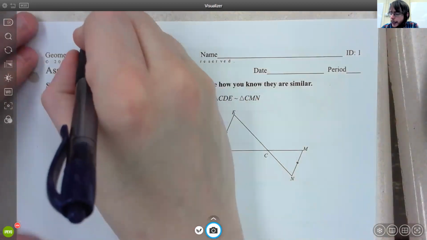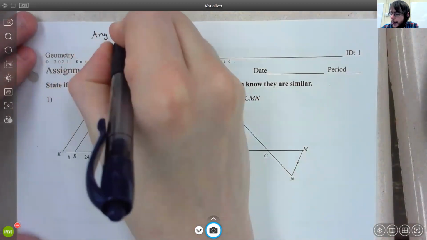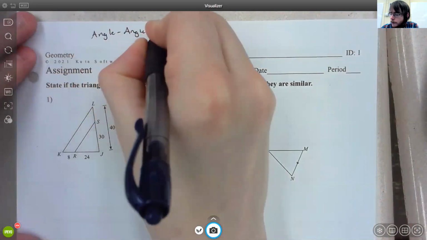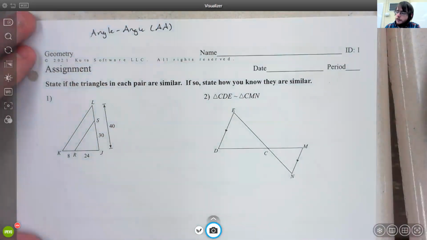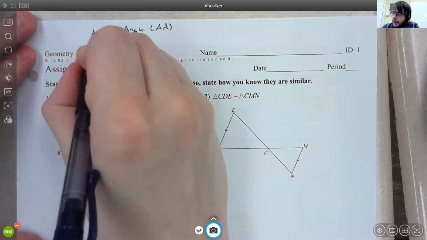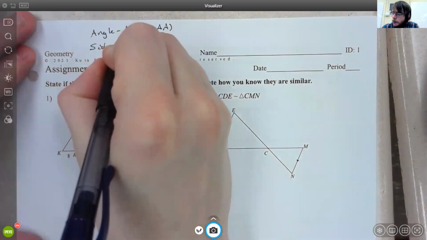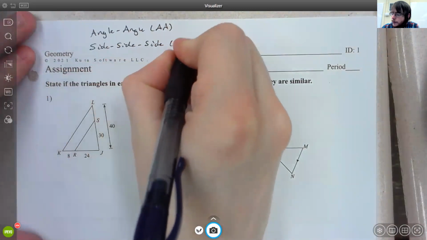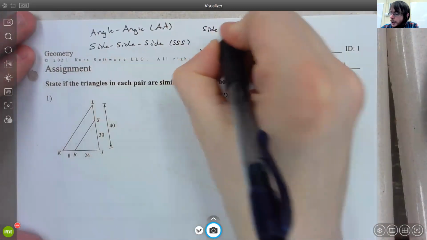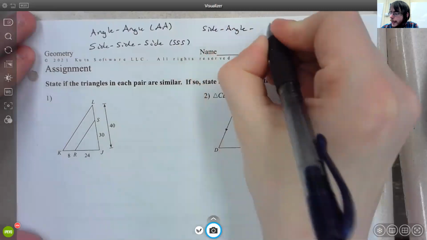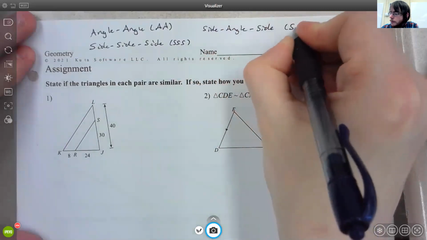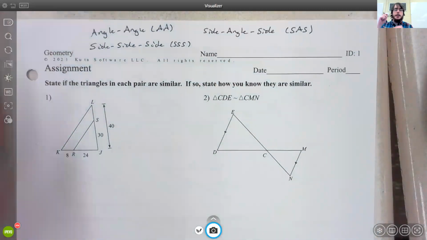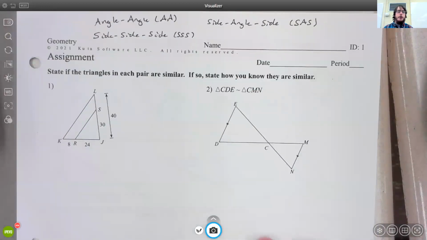These are angle-angle, or AA, side-side-side, or SSS, and side-angle-side, or SAS. These are the only three that we deal with when we're talking about triangle similarity, okay?